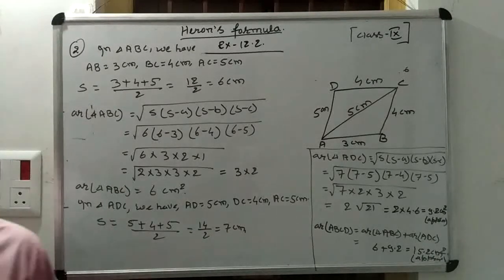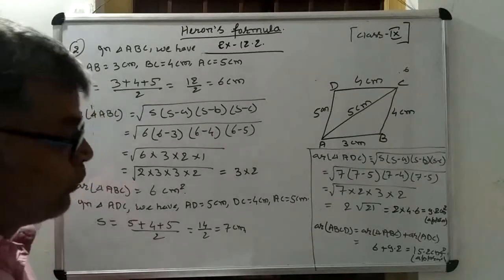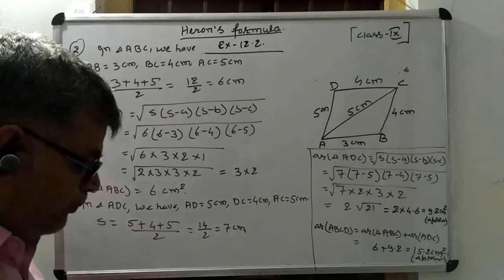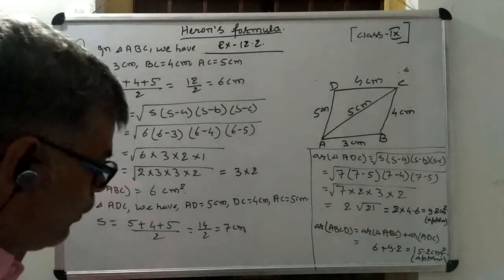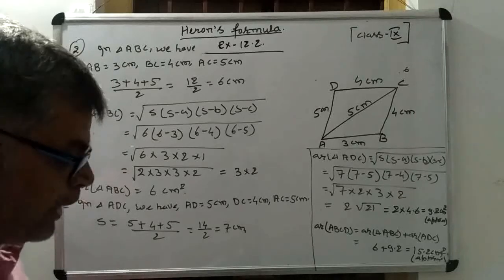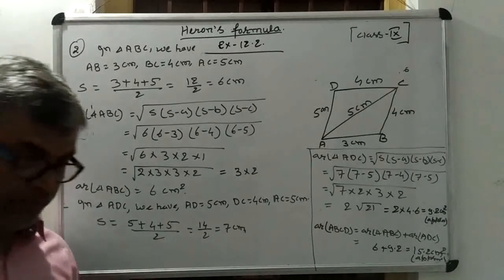So I think, children, in this way you can solve questions based on the application of Heron's formula. Yes, 15.2 centimeter square is the answer.